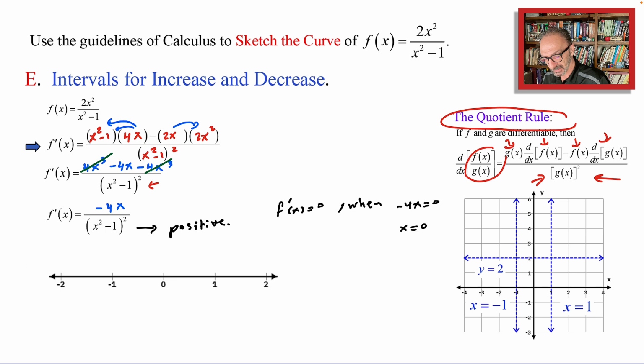That is x equals 0. So when x equals 0, the first derivative, let's use red right here, the first derivative value will be 0.